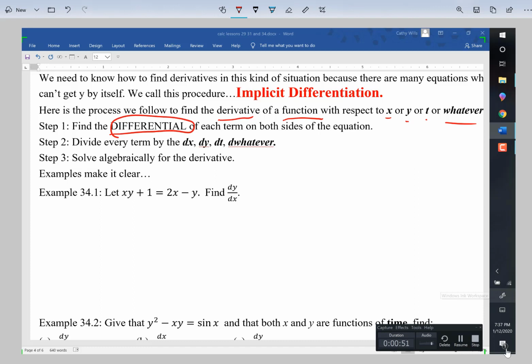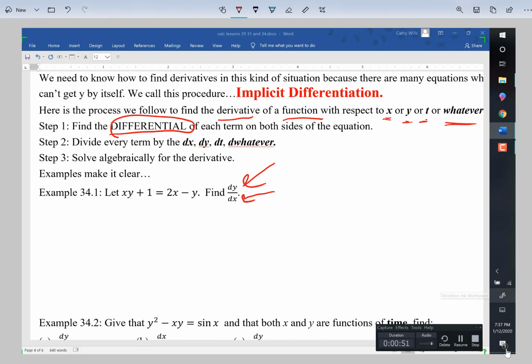Okay? And then you're going to divide every term by either dx, dy, dt, or d whatever, depending on which letter you are taking the derivative of the function with respect to. All right, so like in this example right here, it's saying to find dy dx. That means you're finding the derivative with respect to x, whatever's in that denominator.